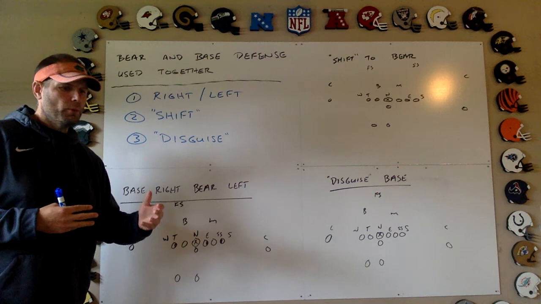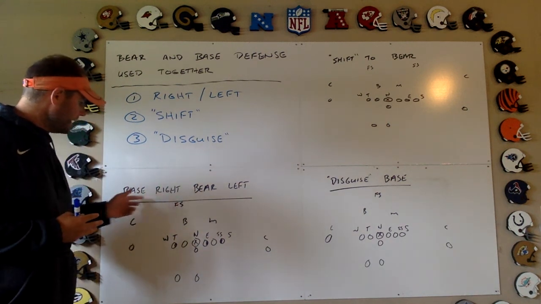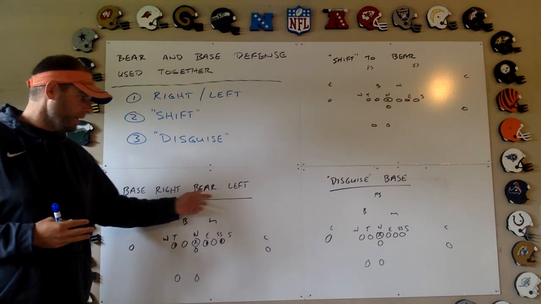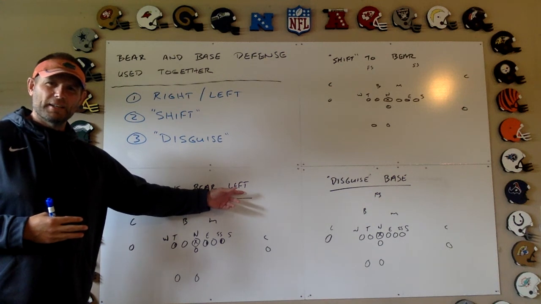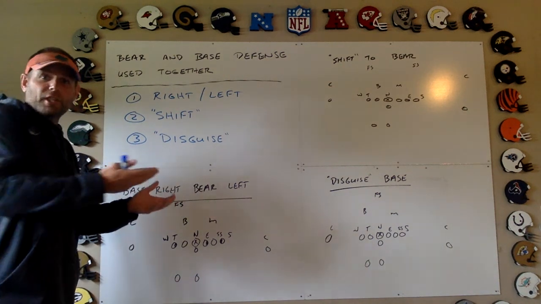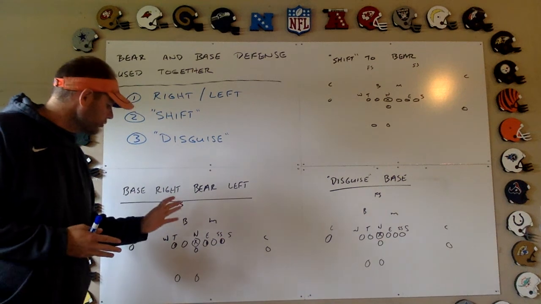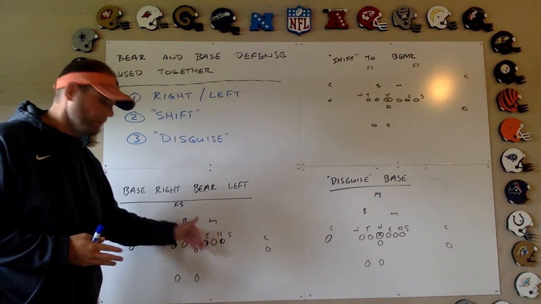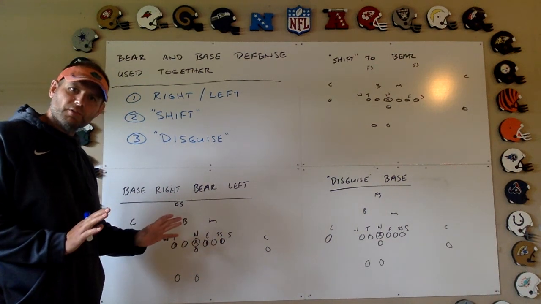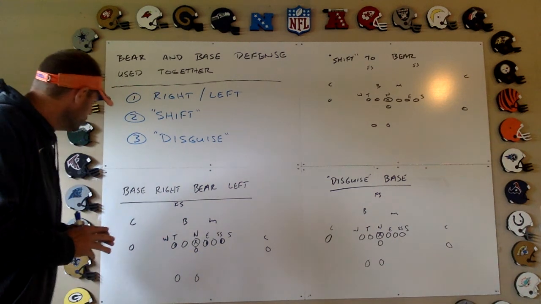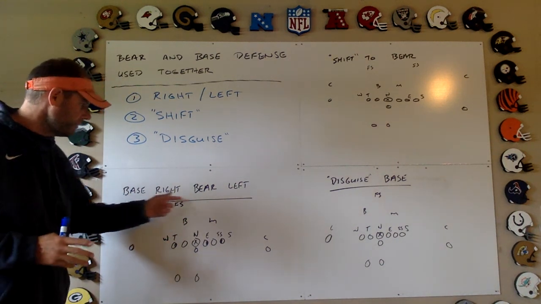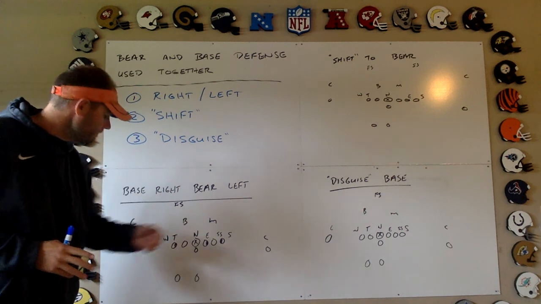So offense breaks the huddle. Maybe we want to be in base right, but bear on the defense's left side. This gives us the option to be ultra aggressive on one side and keep things in front of us on the other side. This is an example of base right, bear left.